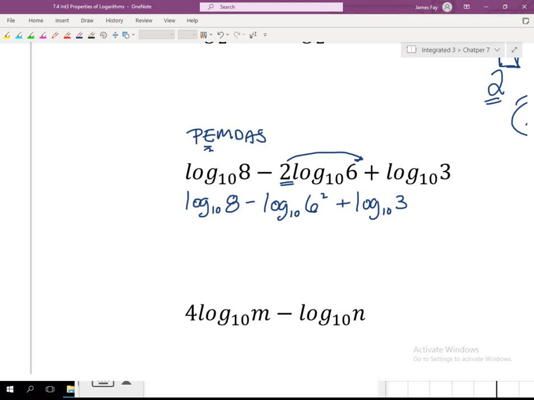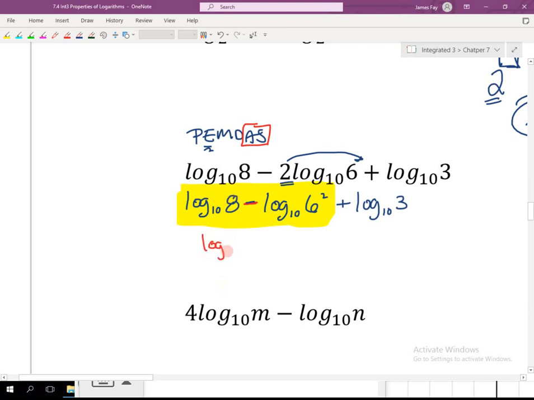Now you're going to go left to right as you see them. Okay? So left to right basically means, okay, do that problem right there. These come as a pair, and you do them left to right as you see them. So now, if this is subtraction, what does subtraction turn into for logarithms?